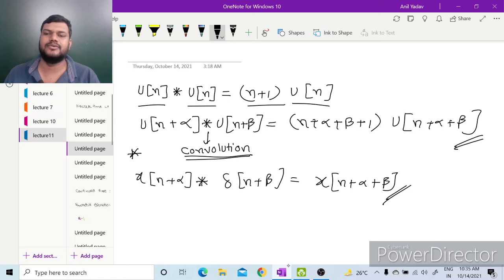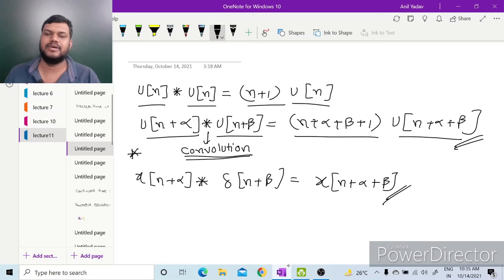So here, by using the time invariancy property of convolution, we can write u[n plus alpha] convolved with u[n plus beta] as (n plus alpha plus beta plus 1) u[n plus alpha plus beta].